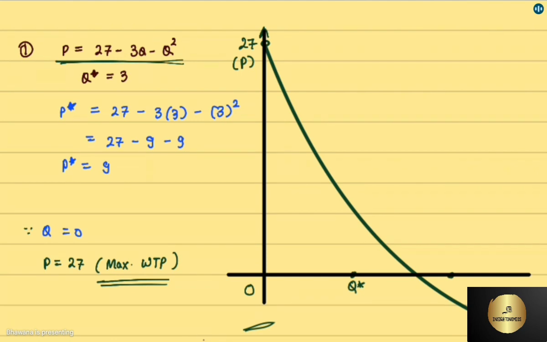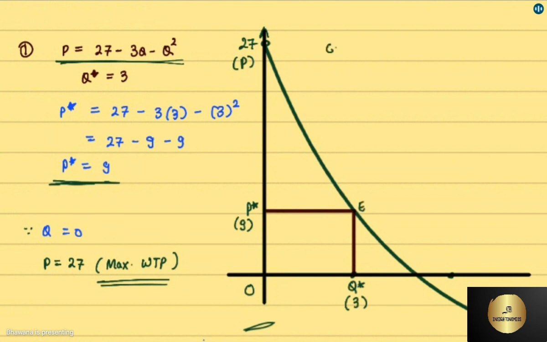Now at this Q star you have been given your P star. Your P star is 9. So at Q star, this is your P star. P star is equals to 9, and your Q star is equals to 3. So now in this case, let me call this point E.